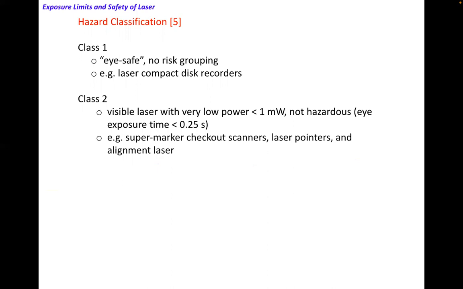So if it's 1 second, you should be careful, do not point lasers into your eye. So examples of these are supermarket checkout scanners, laser pointers, and alignment lasers. So alignment lasers in industry, in construction, and even in medicine, we do use alignment lasers for setting up a patient for treatment or for diagnostic purposes.